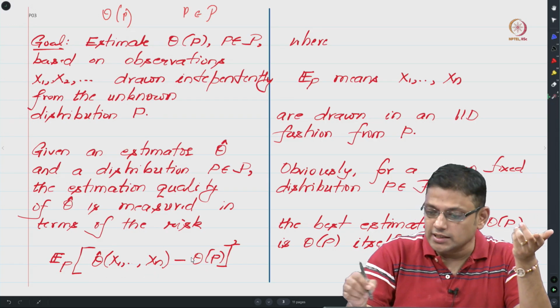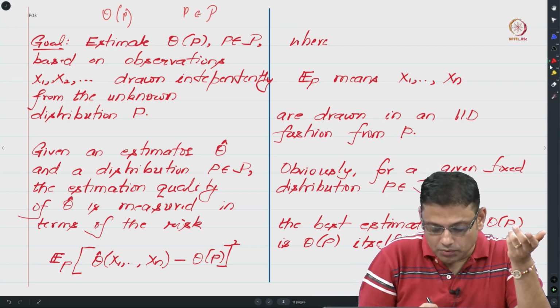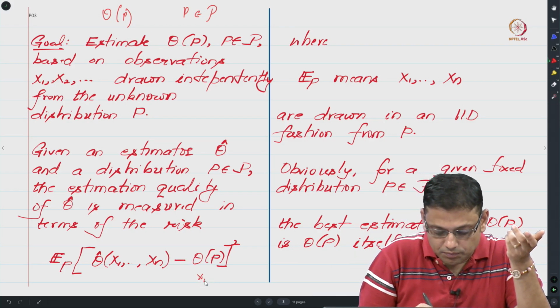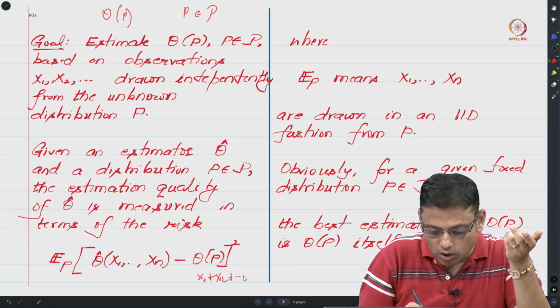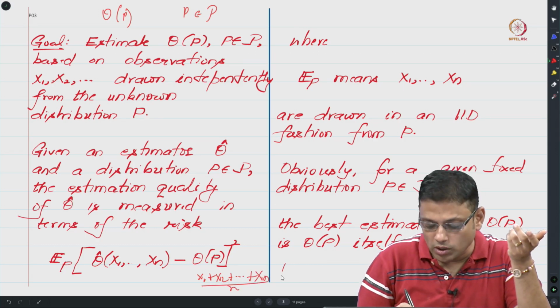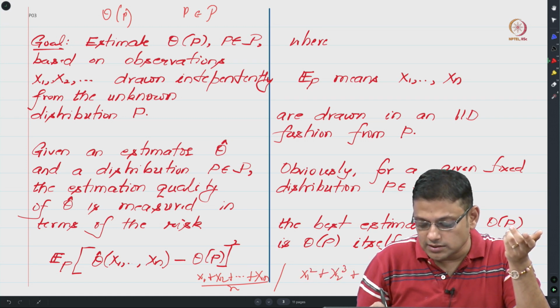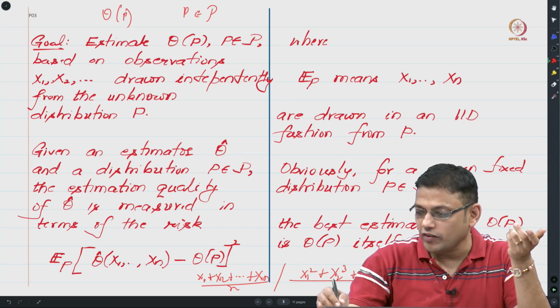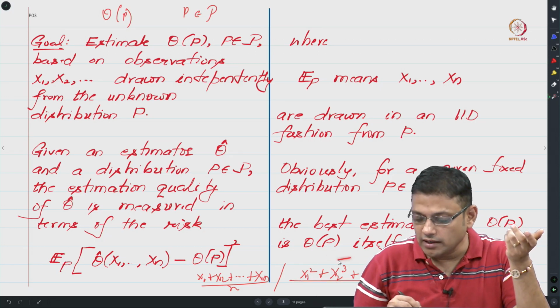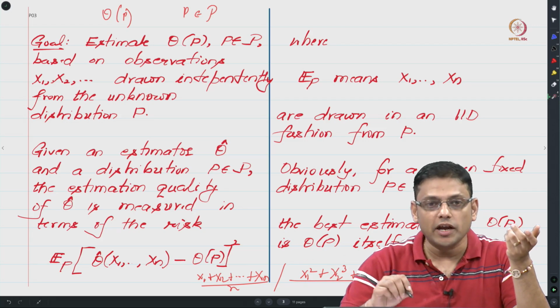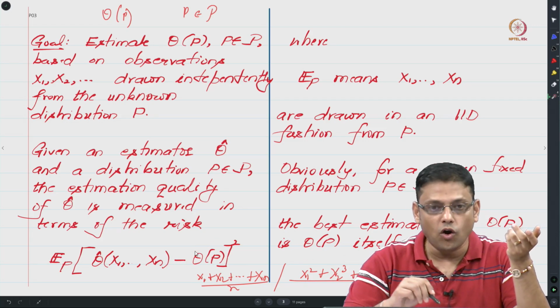So for example, this rule could basically be x1 plus x2 plus dot dot dot plus xn over n. So this could be one rule, but maybe you do not like this rule. Tomorrow you may want to do x1 square plus x2 cube plus x3 x4 and so on. So you could come up with some fancy rule like this and propose that as a way to estimate your quantity of interest.